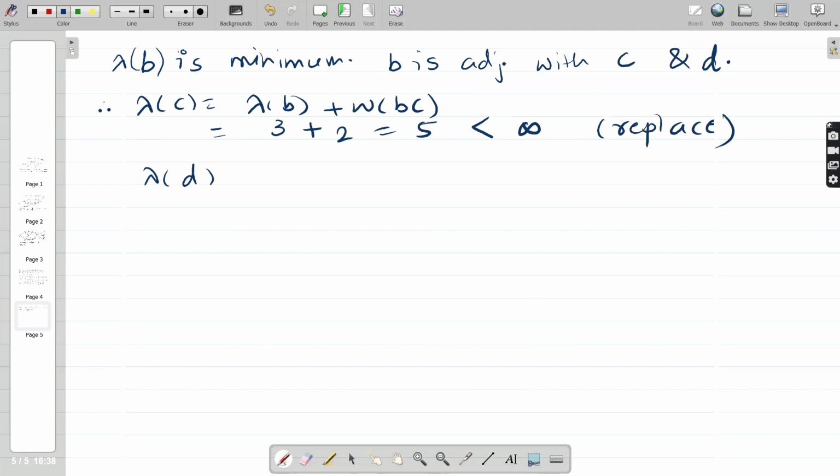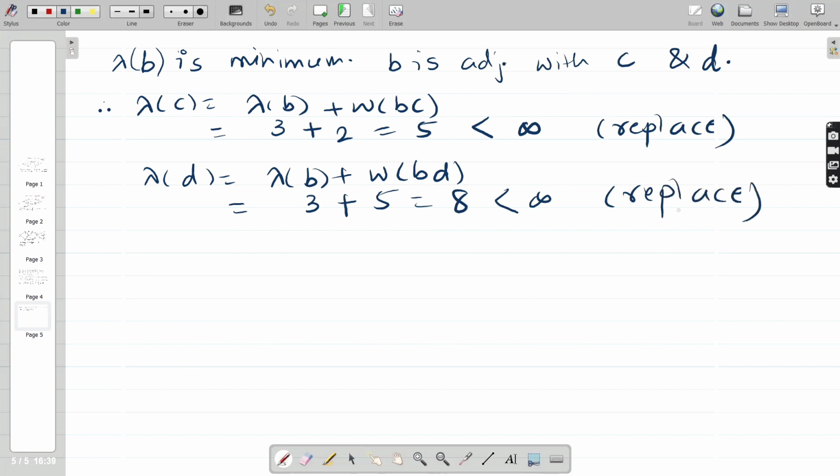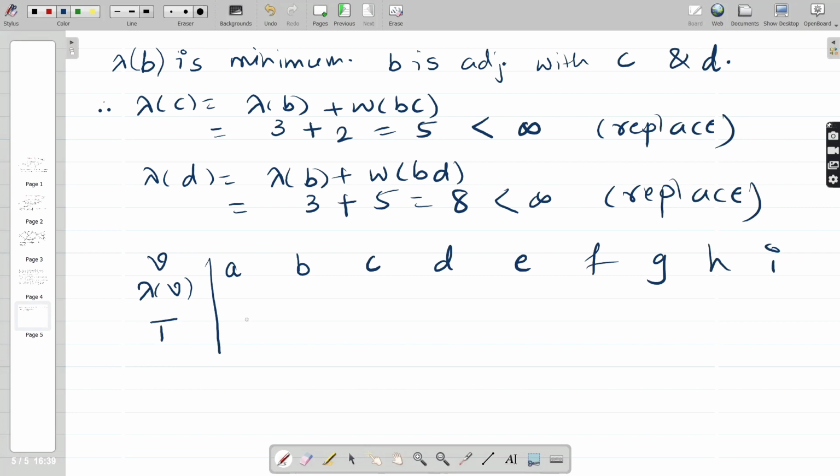Similarly, for lambda D we will write lambda B plus weight of the edge BD. So 3 plus 5, that is 8, which is again less than infinity. So we will replace that also from the previous table. Now I have got V, lambda V and T. So for V, I am taking A, B, C, D, E, F, G, H, I, all my vertices.